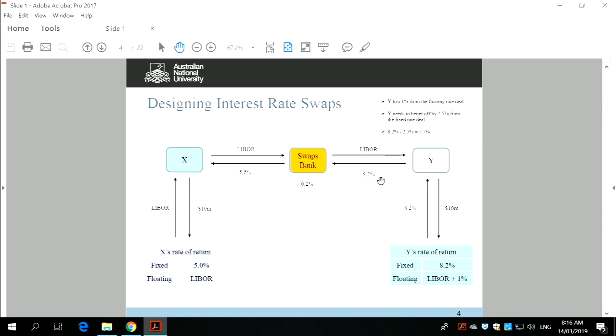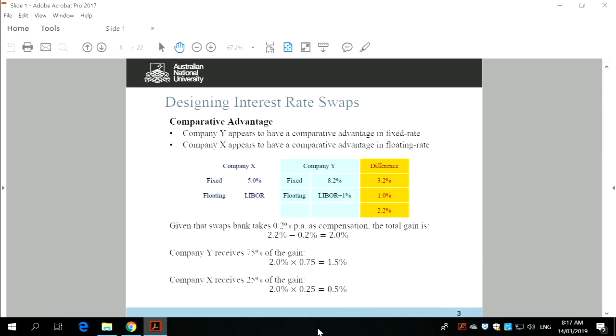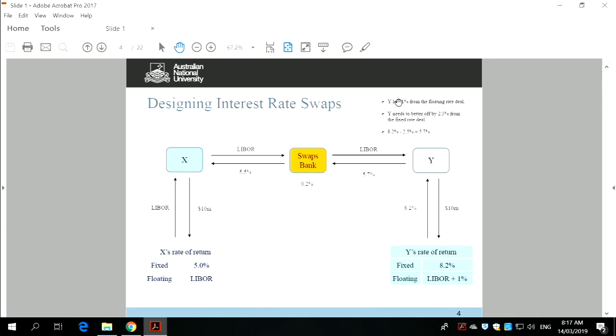I mean, X is only paying the LIBOR, so Y is worse off by 1% from the floating rate deal, which means in the fixed rate deal, Y has to be better off at least 2.5% in order to make up the overall gain of 1.5%. Does that make sense? Now, I wrote here, Y lost 1% from the floating rate deal, so Y needs to be better off by 2.5% from the fixed rate deal in order to get an overall gain of 1.5.